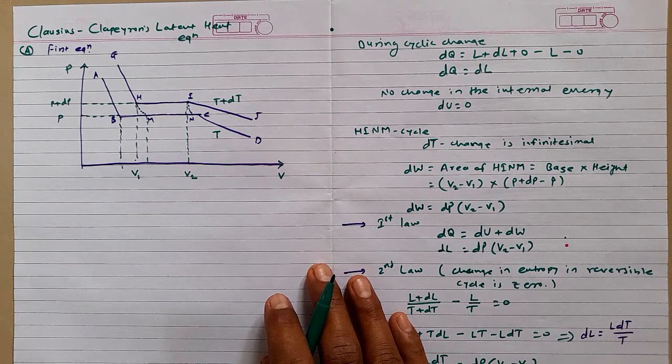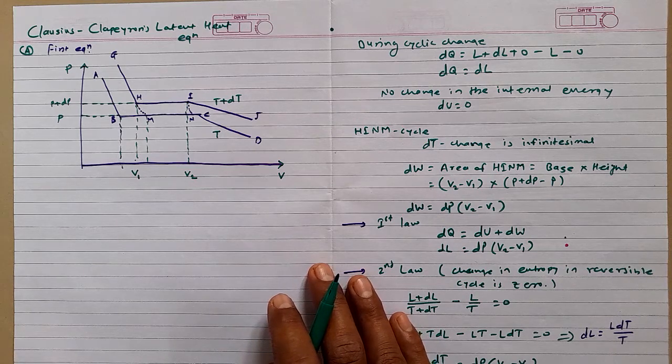Some changes happen in the pressure, right? So when the substance is changing its state, with pressure varying, it goes from the solid state to the liquid state, or from the liquid state to the gaseous state, right?